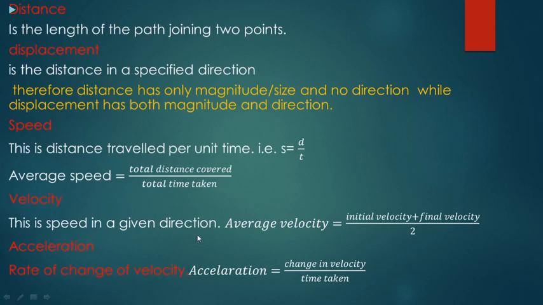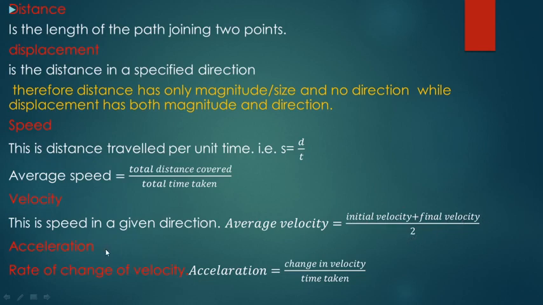So velocity is a speed in a given direction. And therefore, average velocity, if it started with a certain velocity and increased with time, or accelerated, then to find the average velocity for the journey, it is the initial velocity plus the final velocity divided by 2.